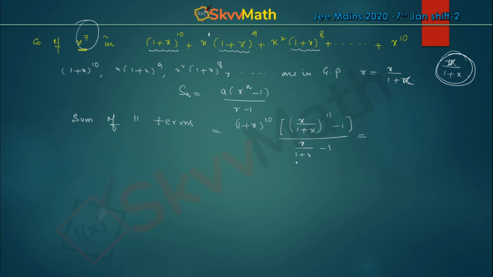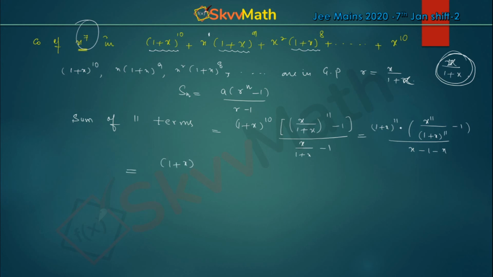If you take the LCM (1+x) here, the (1+x) will go to the numerator. It becomes (1+x)^11, because you have (1+x)^10 already. Now separating the power, x^11/(1+x)^11 minus 1, divided by what you get after taking the LCM, x minus 1 minus x. So this equals (1+x)^11.